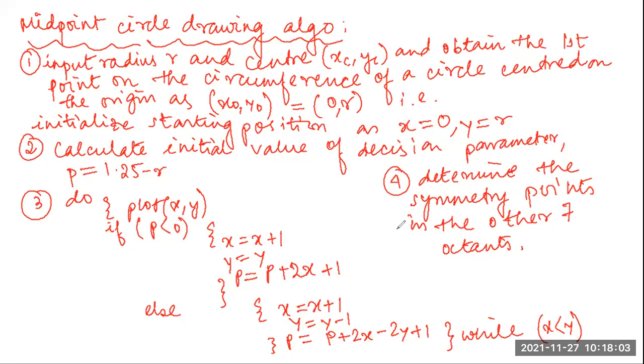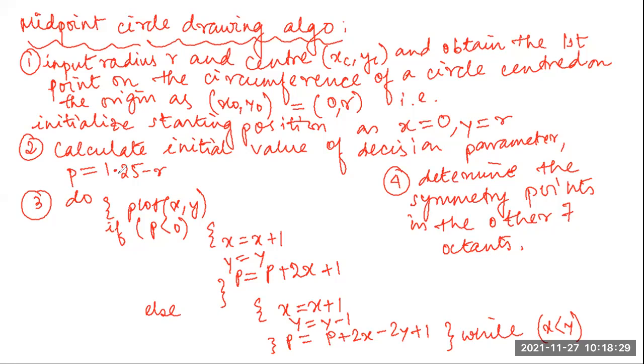Now this 1.25, one thing I want to remind you: in a few books you will see it written as P equal to 1 minus r, and in a few books as 1.25 minus r. Both are correct because it has been proved that this 0.25 precision hardly makes any difference in running this algorithm and finding the values.